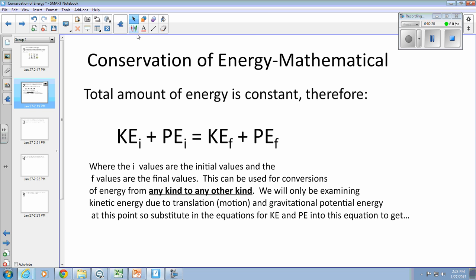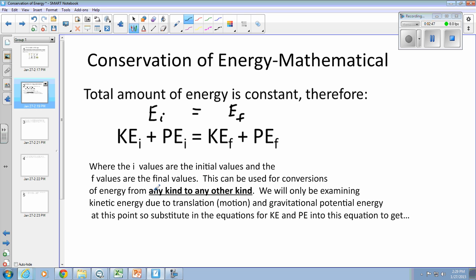Another way you'll see this written is energy E initial should equal E final. What's the initial energy made up of? The kinetic energy and potential energy. What's the final made up of? The kinetic energy final, potential energy final.